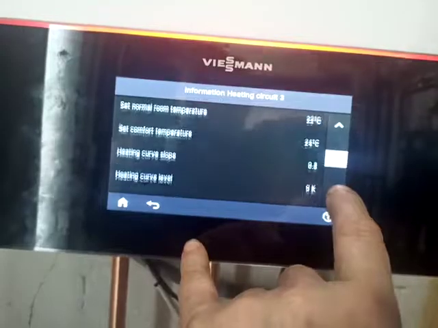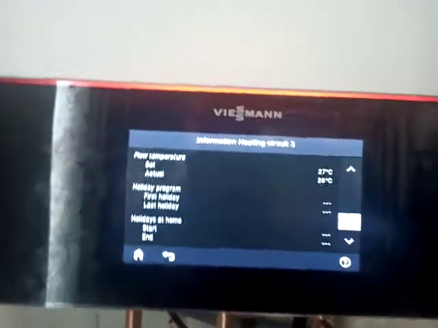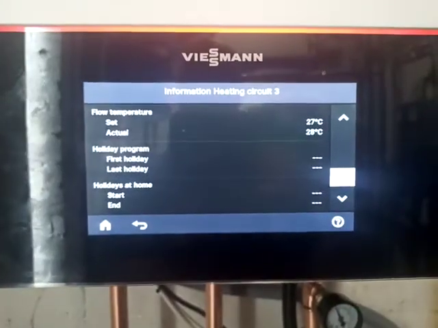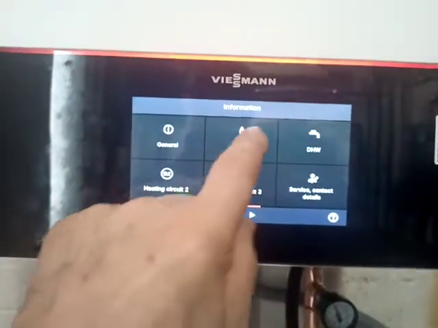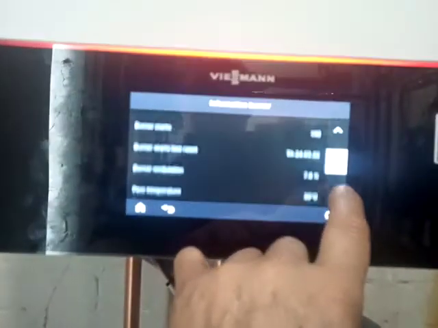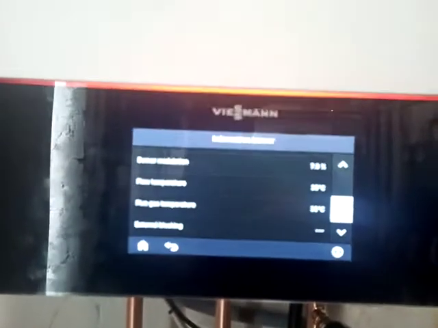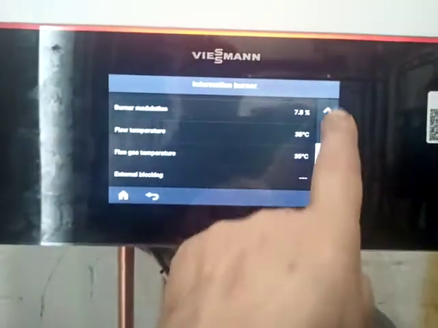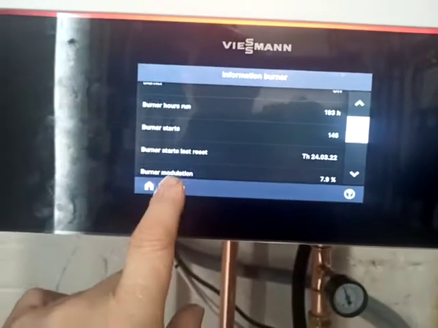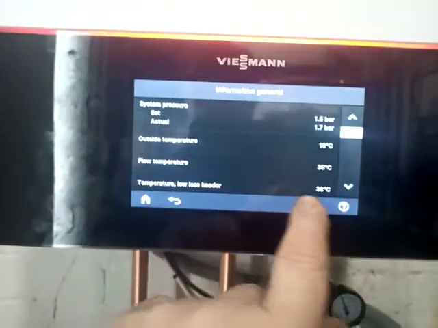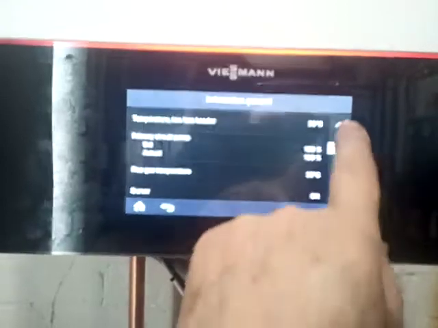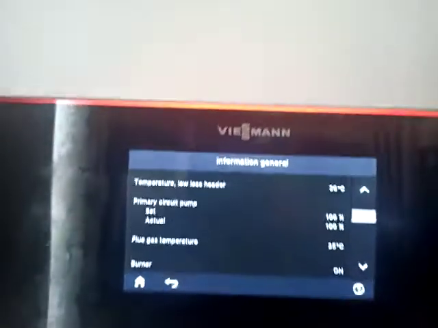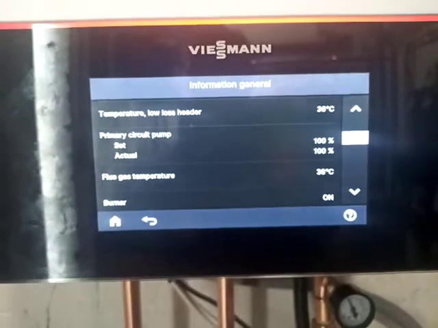Let's see what's going on here. So here we have a set temperature of 27, actual temperature of 28, and we have a current flow temperature of 35, and let's see if I can find the header temperature, low loss header temperature 36.